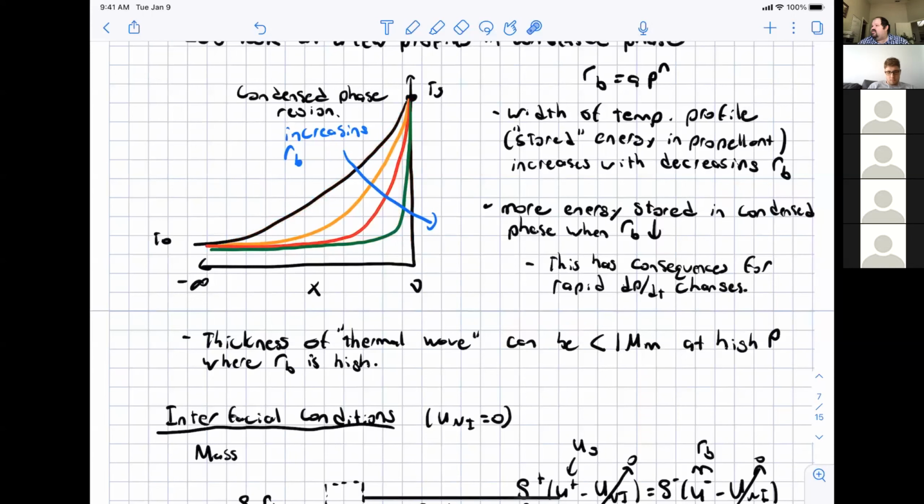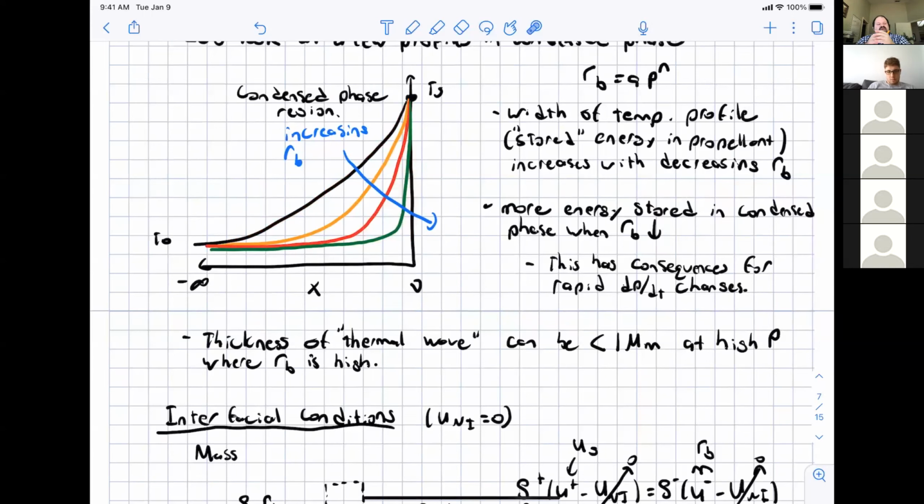Whereas if you raise the pressure a bit and then try to ignite it, you only need to store this little bit of energy here. And so it becomes easier to ignite. So just from looking at that temperature profile at different burning rates, you can glean a lot of really important physics about propellant combustion. Okay, so enough about that aside.